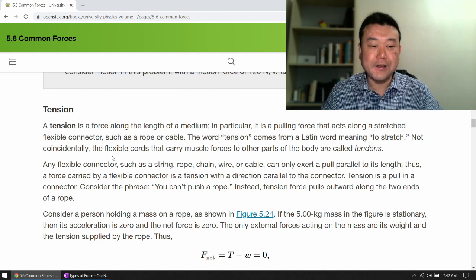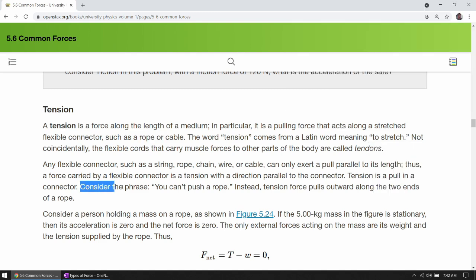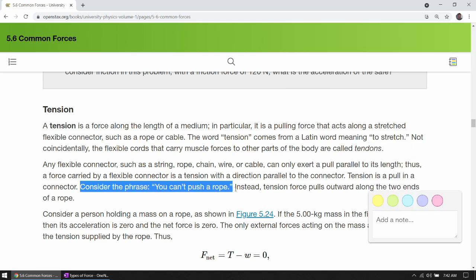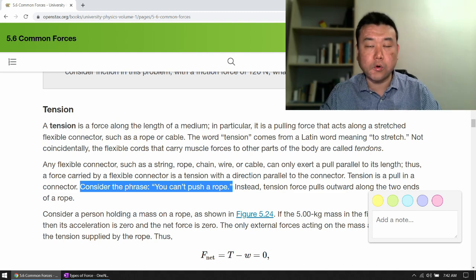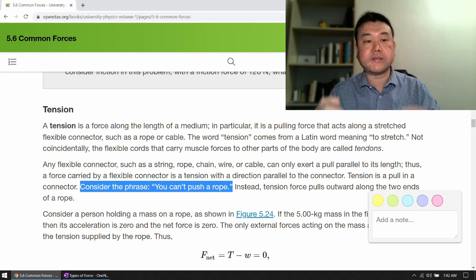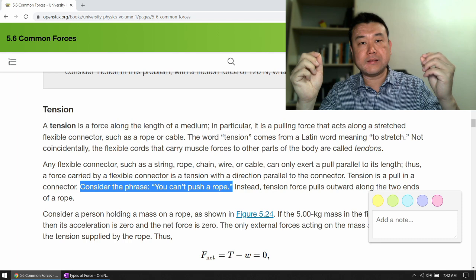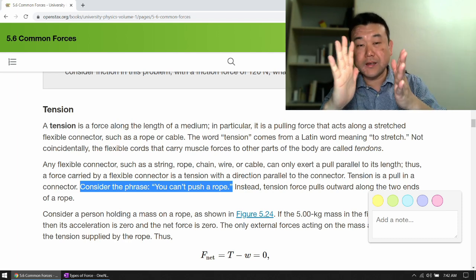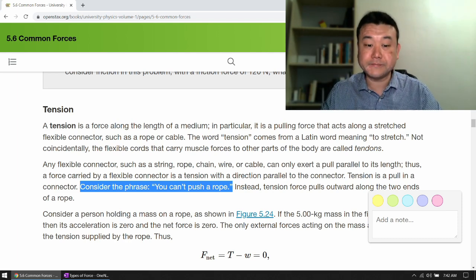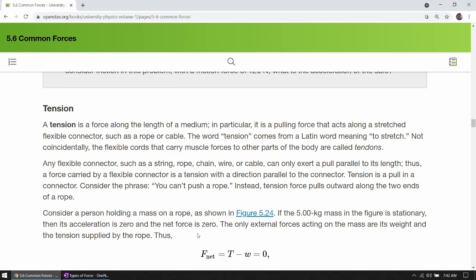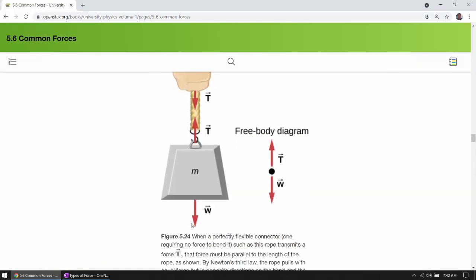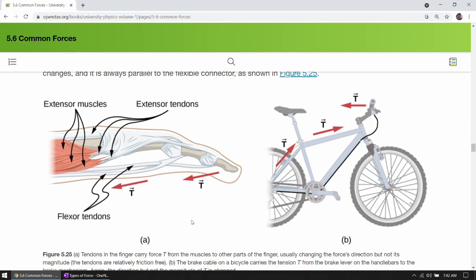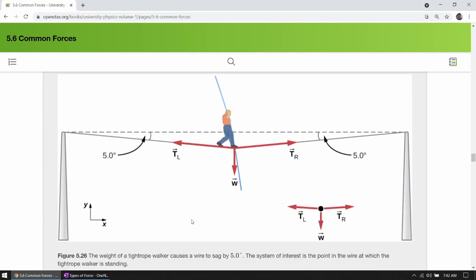And this is what the textbook is getting at with you can't push a rope. Tension force can work only one way. It resists the pulling and it doesn't resist the pushing. That's the job of the normal force. Spring force is something that we'll spend more time on in coming weeks, especially as we talk about work and energy.